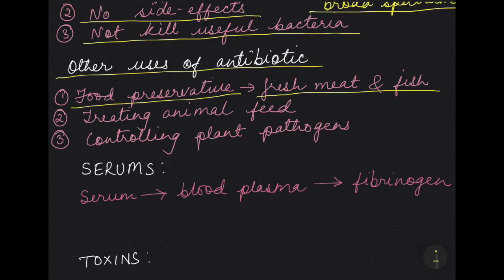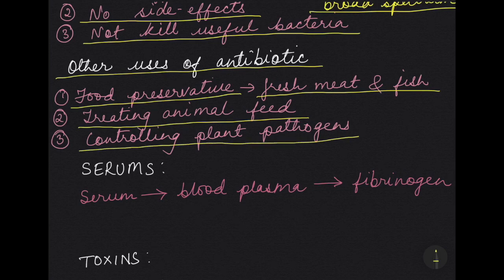Okay, it is also used in treating animal feed, like in the case of poultry, chickens. In their feed, antibiotic is put in so that these chickens do not get infected by any bacteria, and it is also used for controlling plant pathogens. Now, plant pathogens are bacteria which causes diseases in plants.